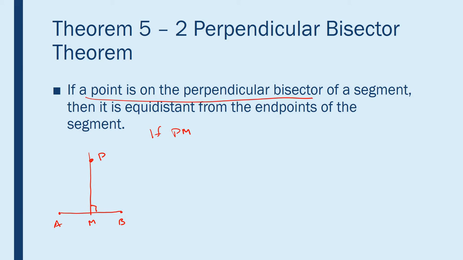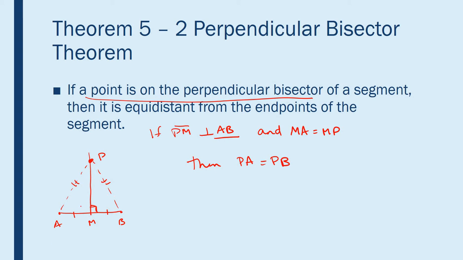If a point is on the perpendicular bisector, so if PM is perpendicular to AB, and if MA equals MB, in other words, what we're saying here is that PM is perpendicular to and goes through the midpoint, then PA equals PB. Then the point is equidistant from the endpoints.